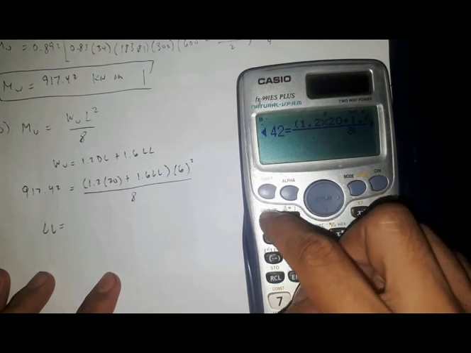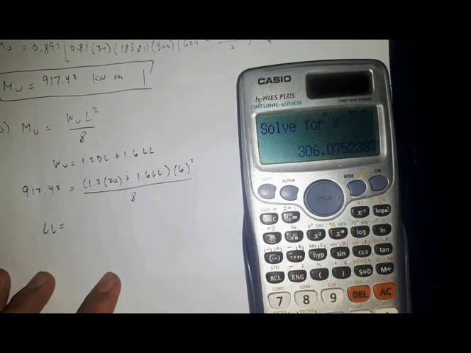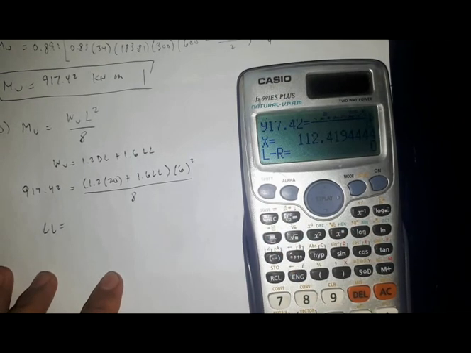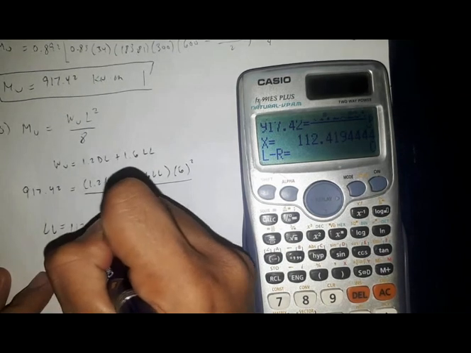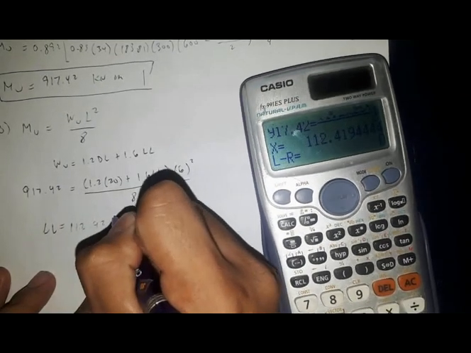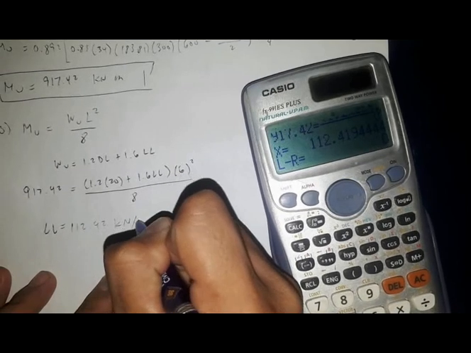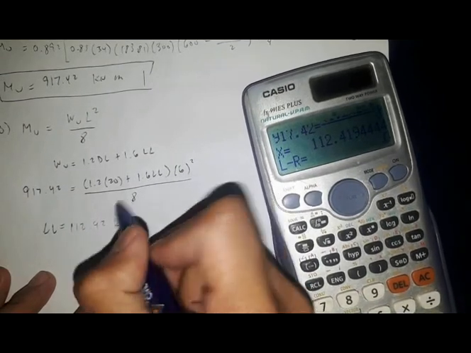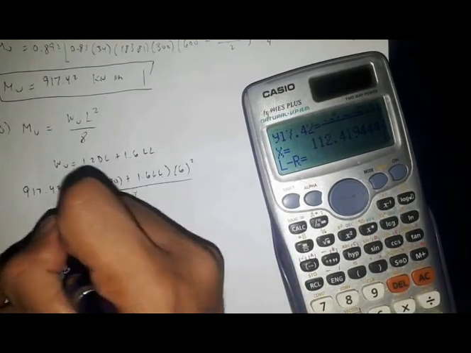Using shift solve, what is the live load? Our live load is 112.42 kilonewton per meter.